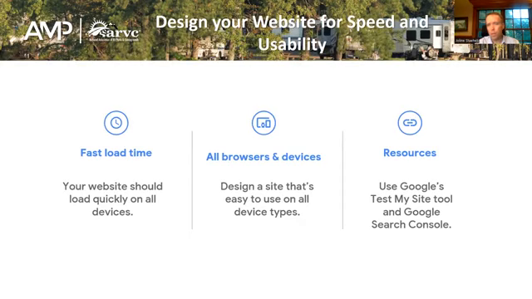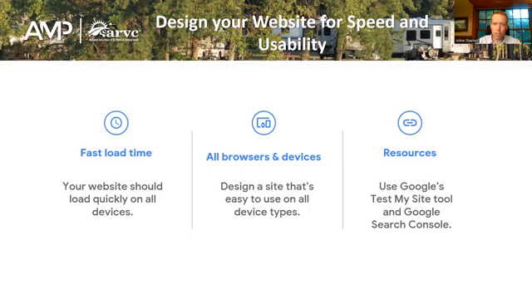As you design your website or as you work with somebody who will design your website, there are a list of tools that Google makes freely available to consumers, and you don't need a PhD, or a computer science or engineering degree to use these tools. Your website needs to load fast, and it should load fast on all devices.